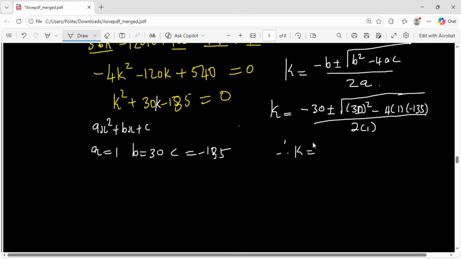So k is equal to 3.97, or k is equal to negative 33.97. And ladies and gents, that's how you work on the problem.